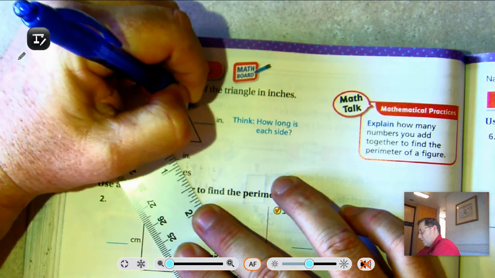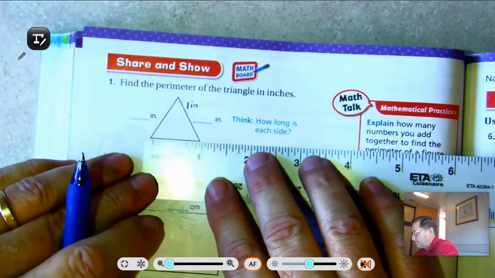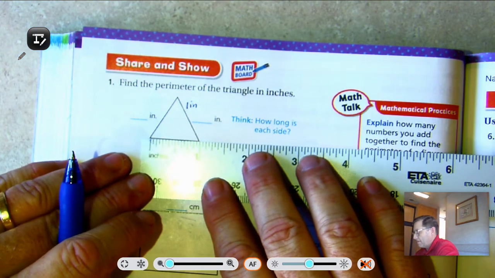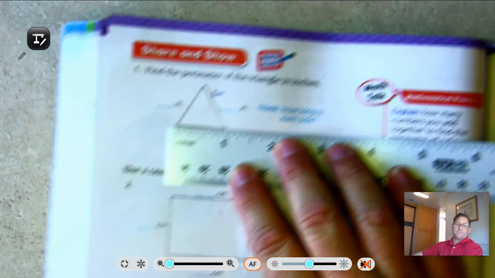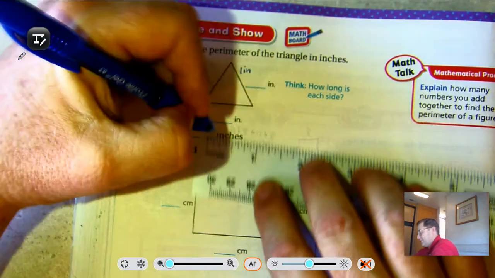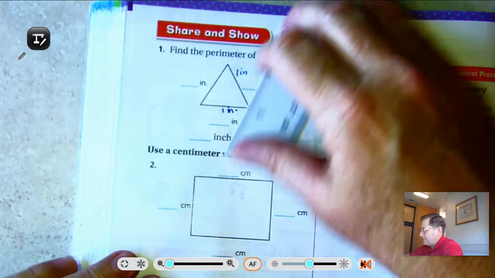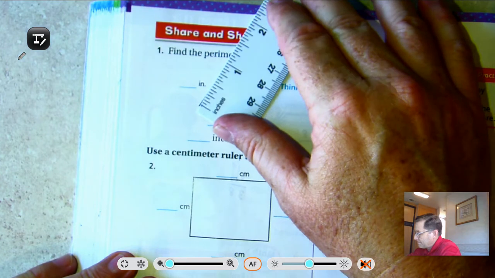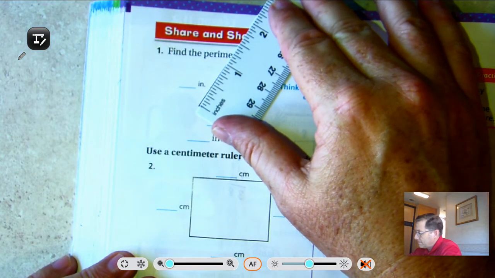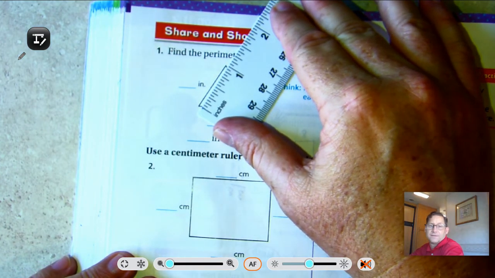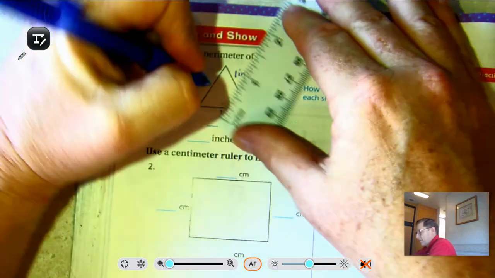So that side is 1 inch. How about the bottom? The bottom is also 1 inch. And this side is 1 inch.